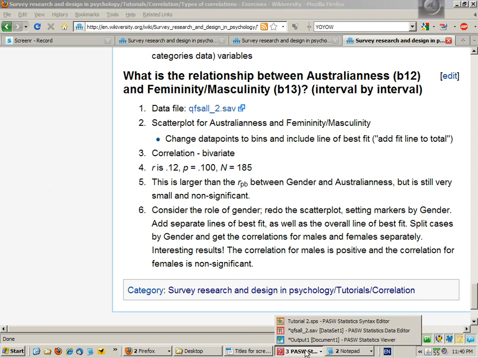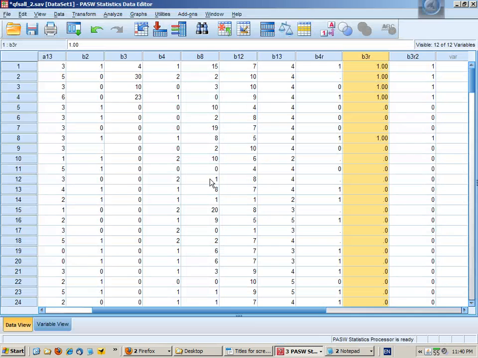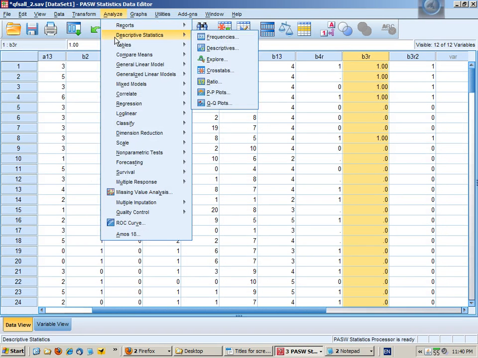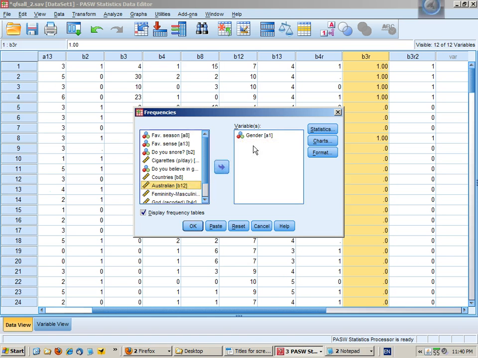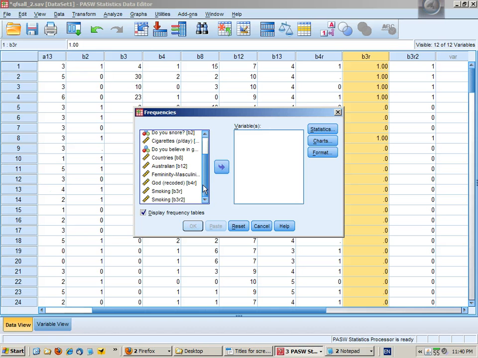So let's have a look at our descriptive statistics. Analyze, descriptive stats, frequencies, and our variables of interest are Australianness B12 and femininity masculinity B13.